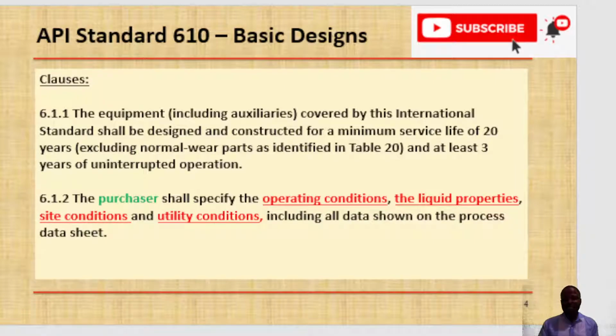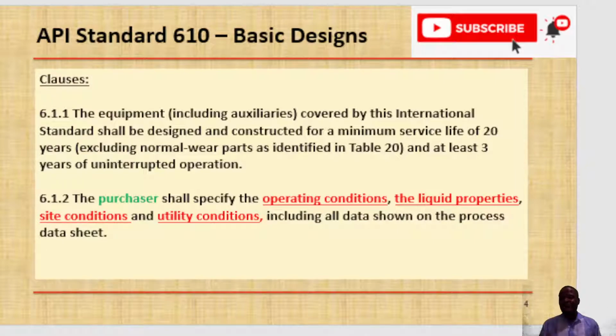When you see the word shall, that means it is mandatory.